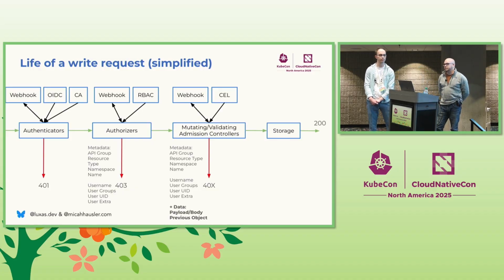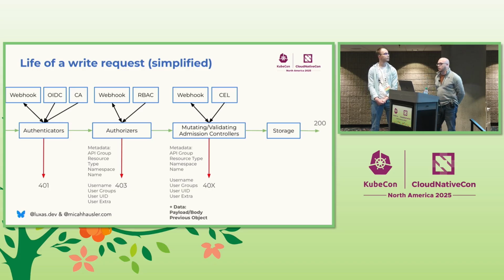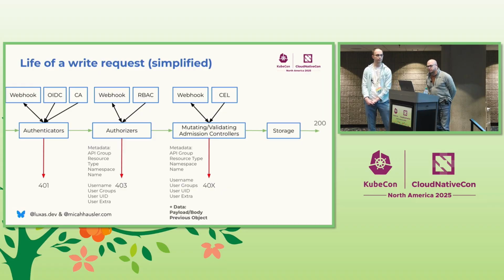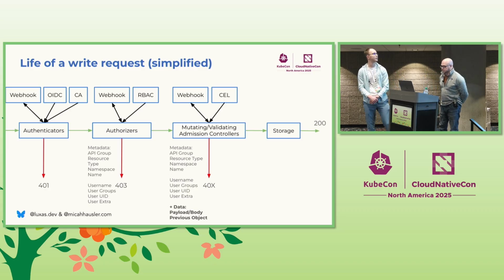So instead of having to serialize a request over HTTP, send it to some endpoint, hope that the endpoint responds in a reasonable amount of time and get that response back, it's quite a bit faster while giving you a lot of expressivity to govern which requests you want to allow through. That's a feature in the API server. So the key point here is you get the full data in admission and you do not in authorization.